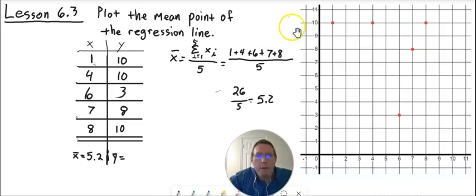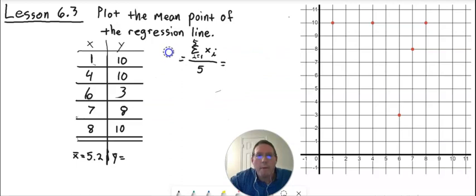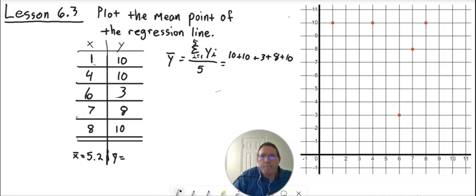Okay? Now let's do the exact same thing for y. Let's see here, we're going to make this y bar, and we're going to change this to a y. There we go. So this is going to be y bar. The mean of y is going to be the sum of all the y sub i's divided by 5, which is going to be 10 plus 10 plus 3 plus 8 plus 10, all divided by 5.